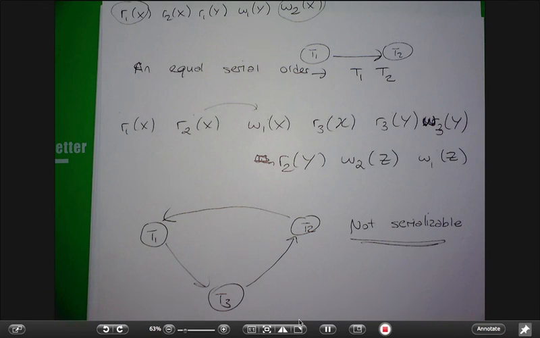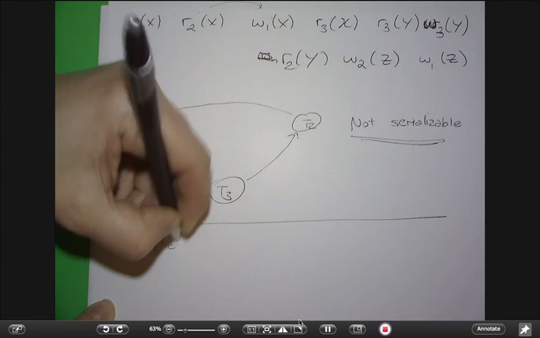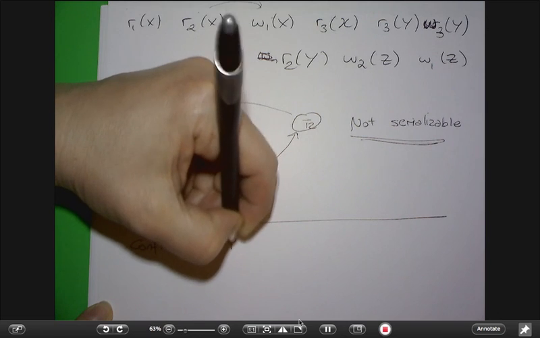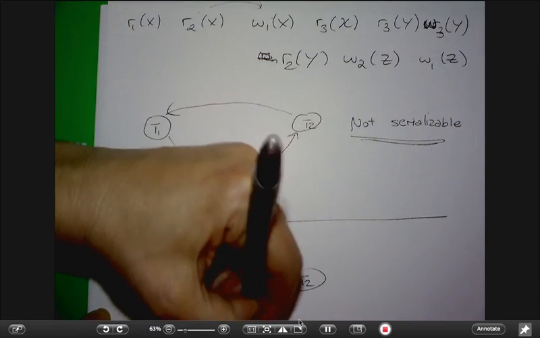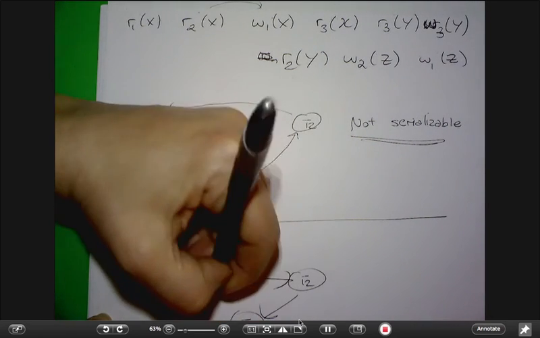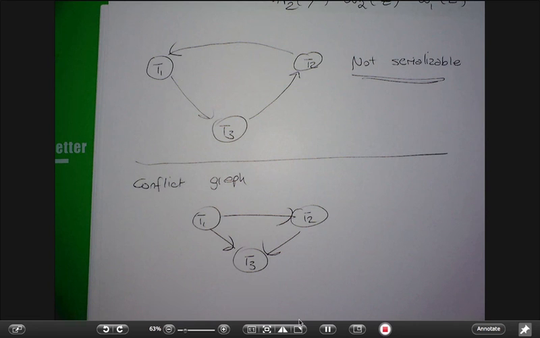If it did not have a cycle, what you can do is, let's say my conflict graph was this. Since now this does not have a cycle, I can actually find a serial order. Basically, nothing must come before T1, right?